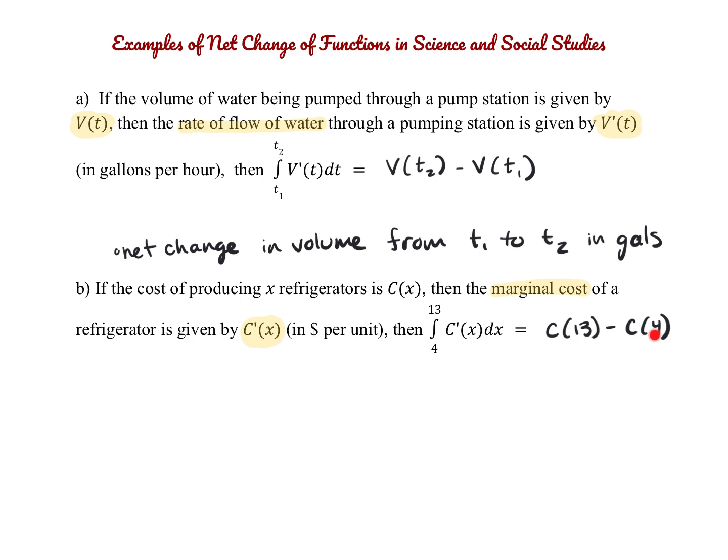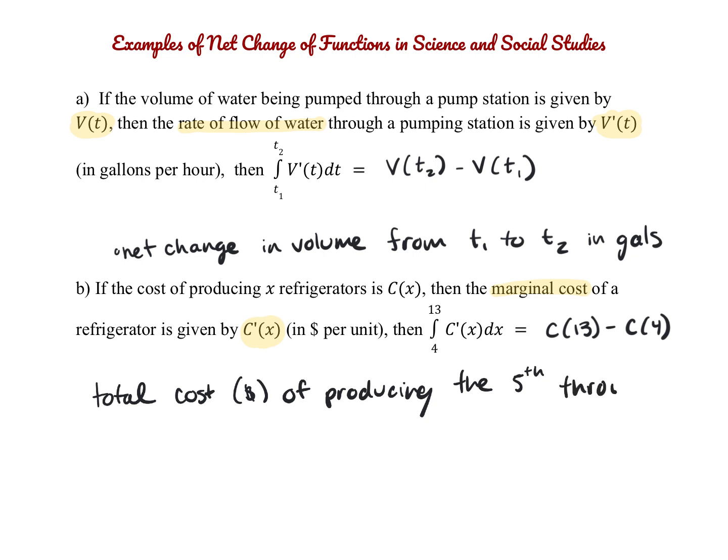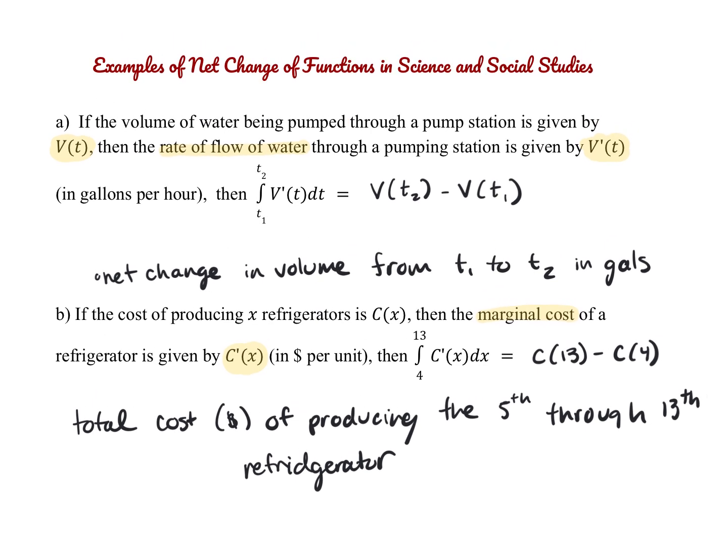So if you're taking away the cost of the first 4, this would represent the total cost in dollars of producing the 5th through 13th refrigerator. Notice in this case it's the 5th through the 13th because we're doing the cost of all 13 minus the cost of the first 4. So just a different application of our net change theorem.